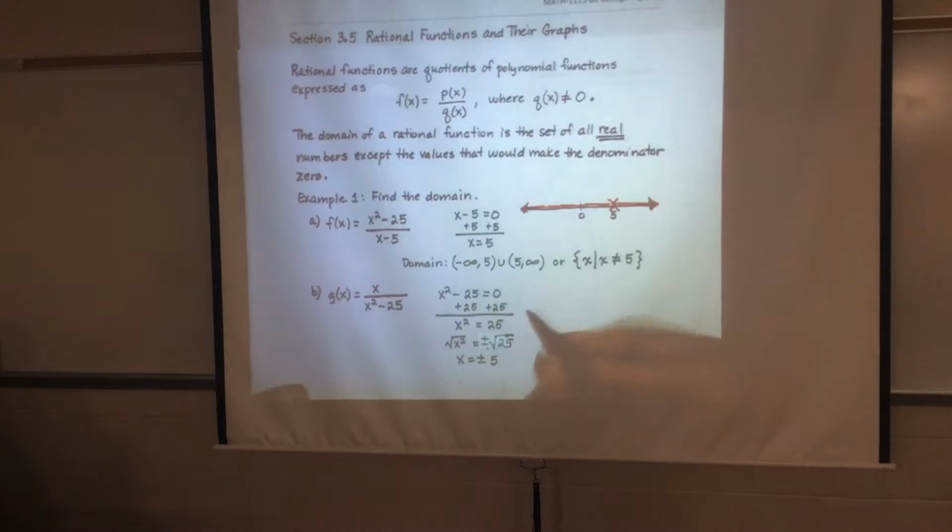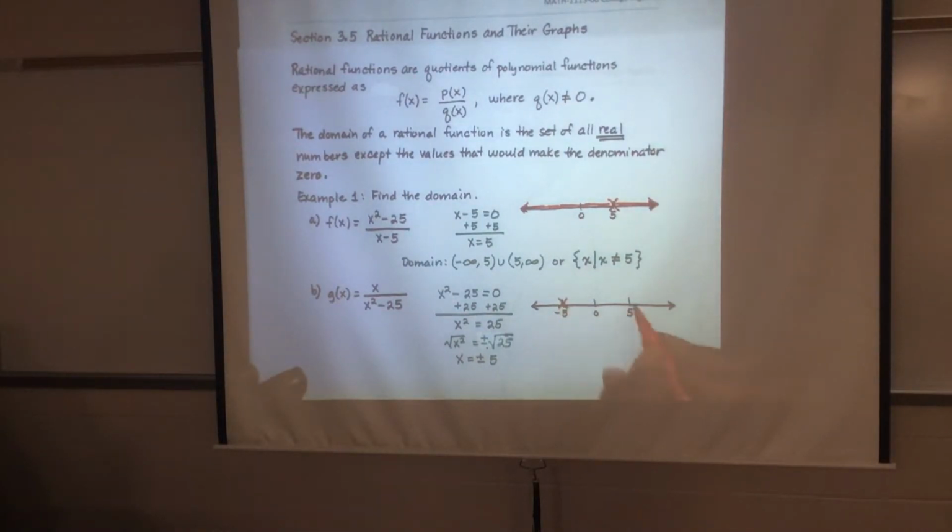So in this case here, if I draw this on a number line, I know at -5 and at 5, I'm going to have issues because I have zeros in the denominator at those two numbers. Any x value less than -5 would work. Any x value in between -5 and 5 would work, and any x value bigger than 5 would work as well.